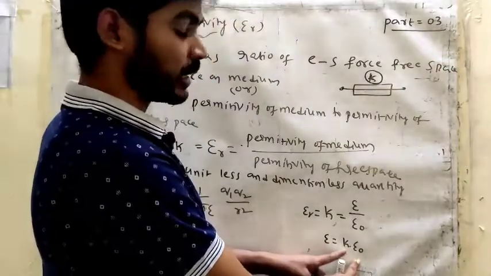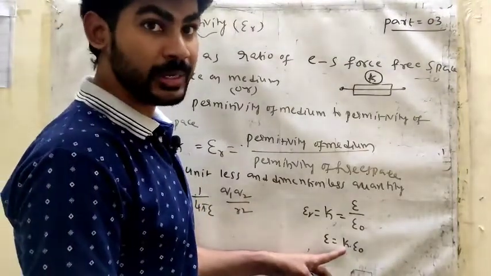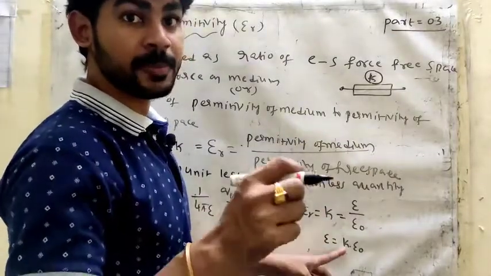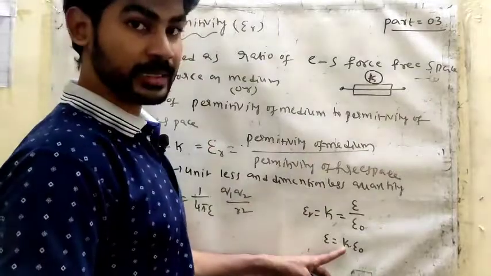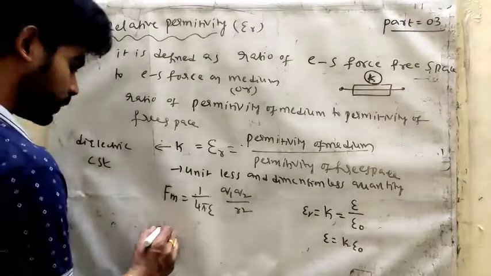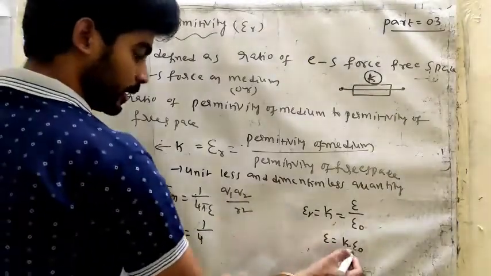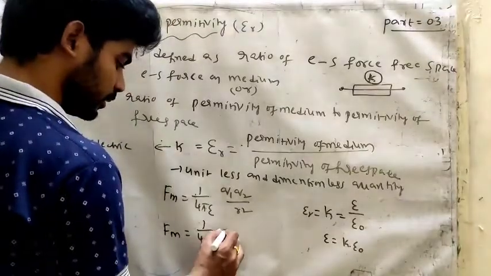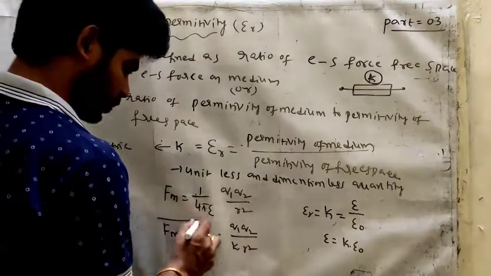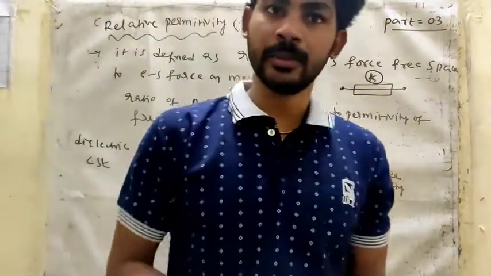K is also called the dielectric constant, or specific inductive capacity. So F_m is 1 by 4 pi epsilon naught into Q1 Q2 by K R square. This is the relative permittivity concept.